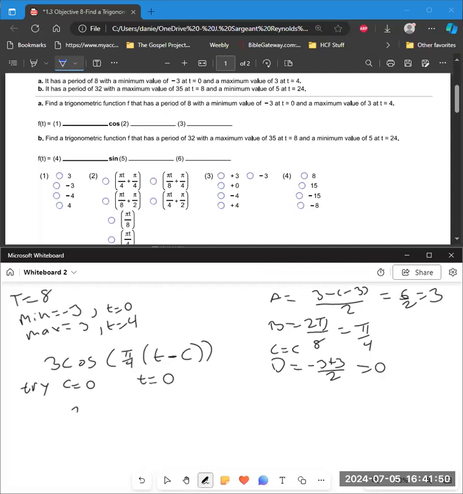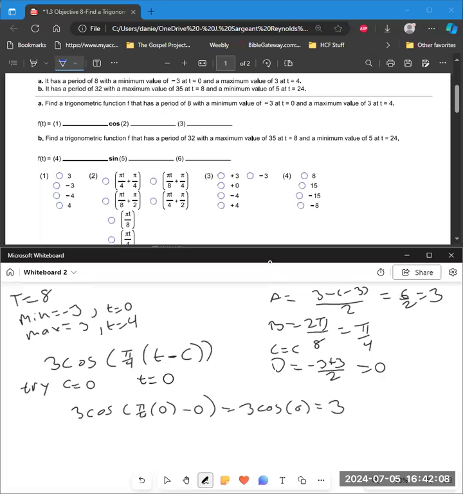So 3 cosine of pi over 4 times 0 minus 0 is 3 cosine of 0, which is a +3.